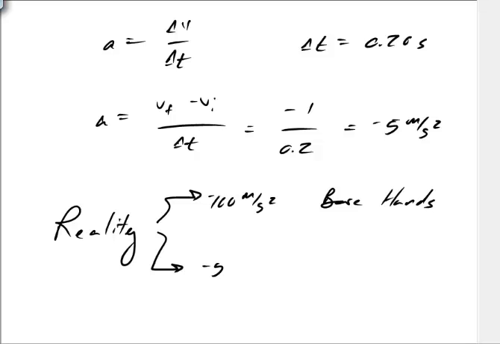Versus catching it in a glove, like a baseball glove or catcher's mitt. The difference is a baseball glove versus just getting thrown a ball where it stings your hand. This is a tinier force on you because it's in contact for longer. It's slowing down for a longer period of time, so it's a smaller acceleration, therefore a smaller force on you.